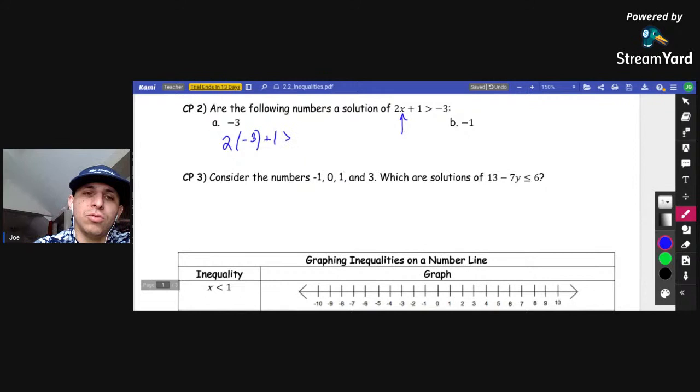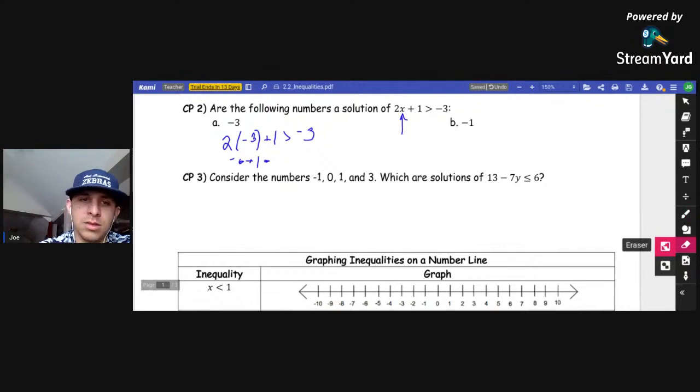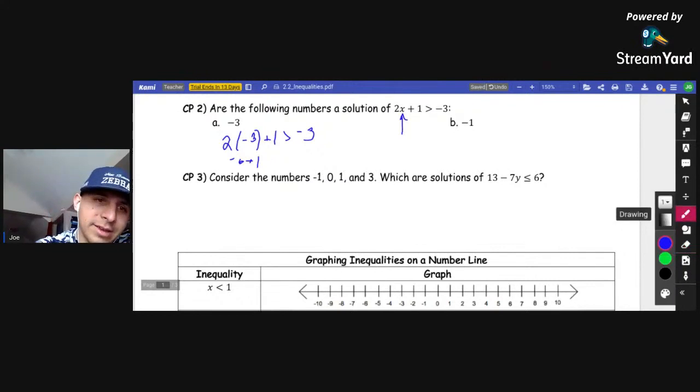Remember, being able to read these symbols is the most critical piece, right? So that symbol would say is greater than. So let's verify. 2 times -3 is -6, plus 1 equals -5.